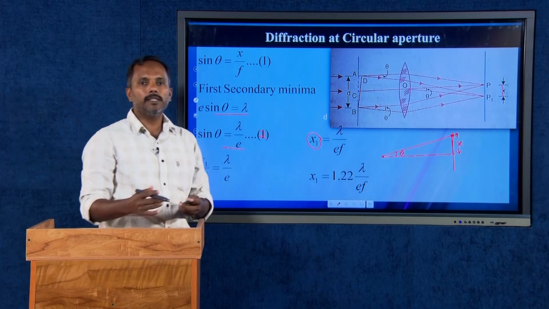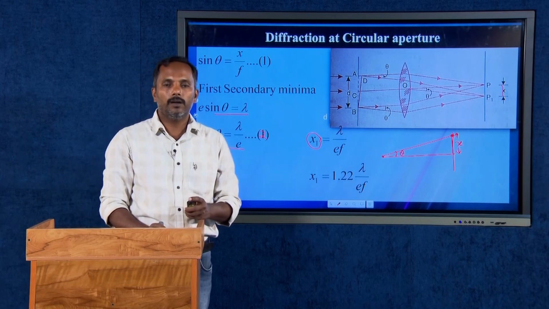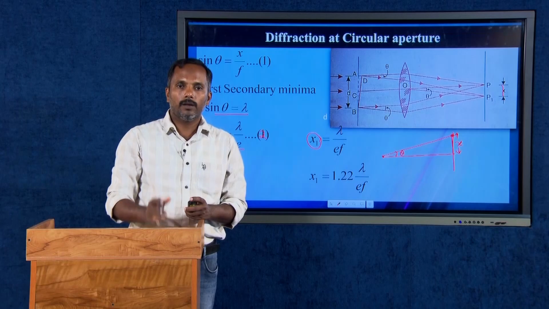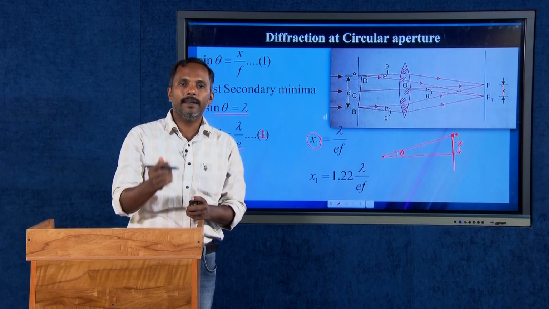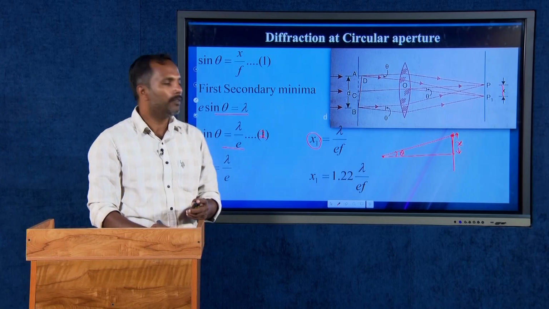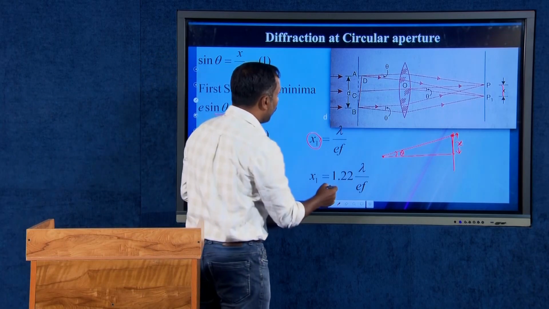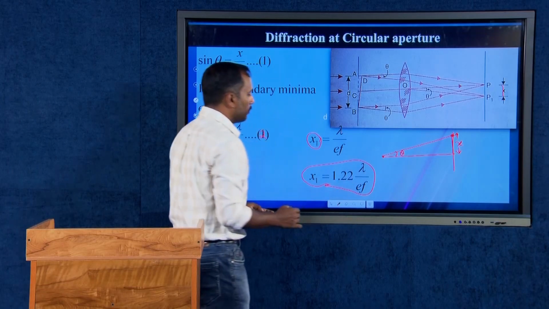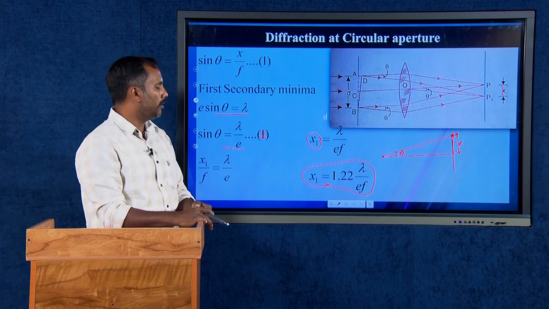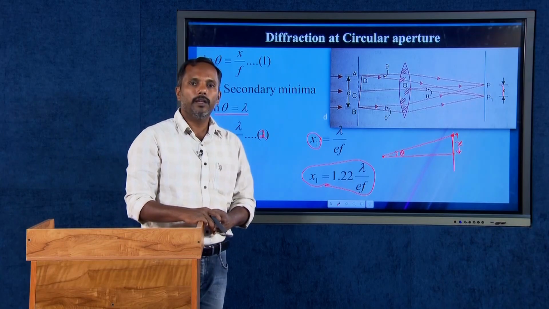But in Airy's analysis, the radius of the first minimum ring is slightly greater than this, and according to Airy the radius of the first minimum shall be 1.22 times lambda by E times f.